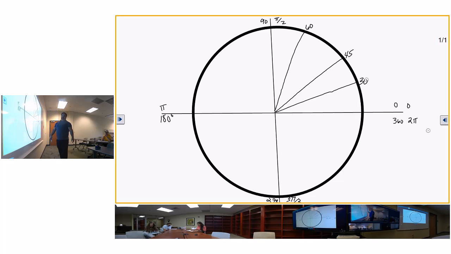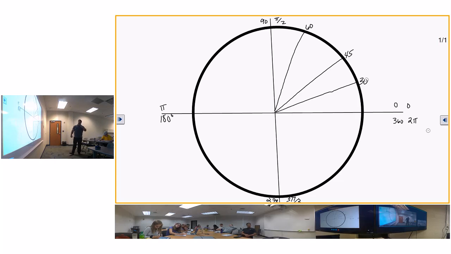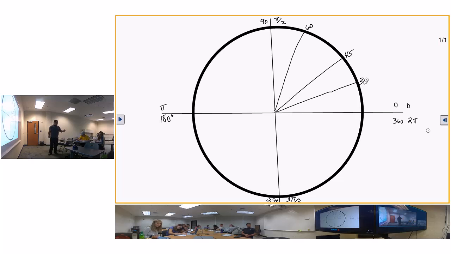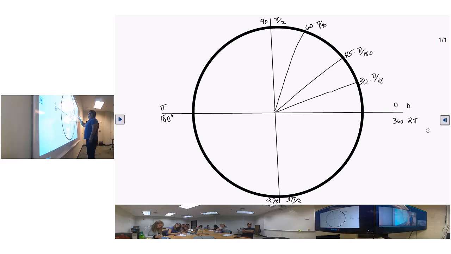Now change every one of those to radians. That means you multiply by pi over 180. Multiply by pi over 180.